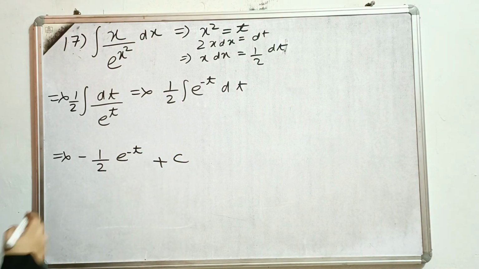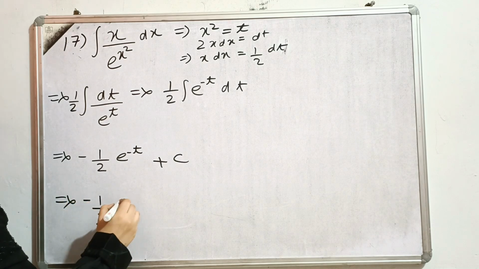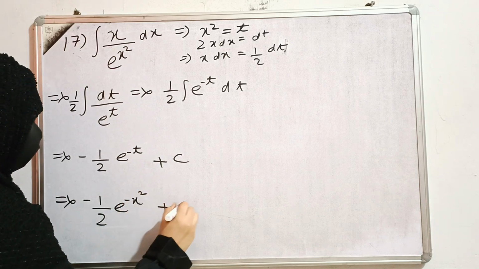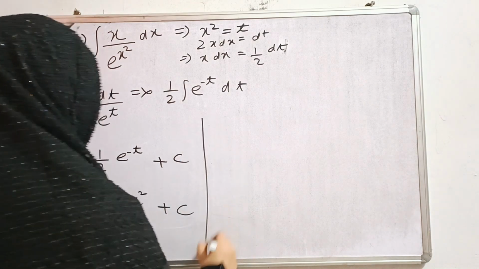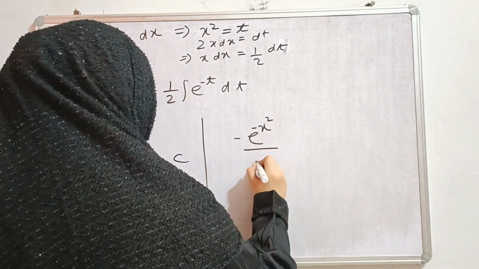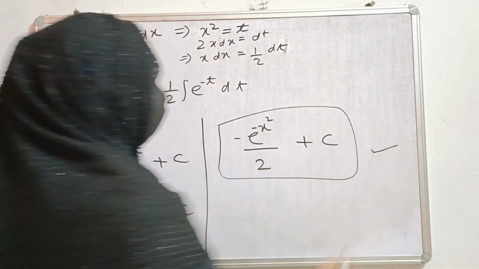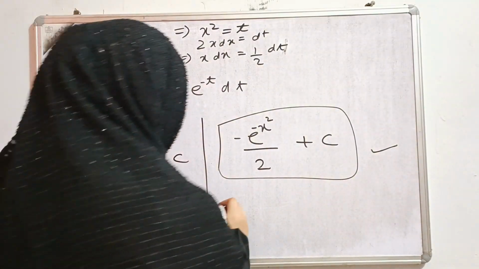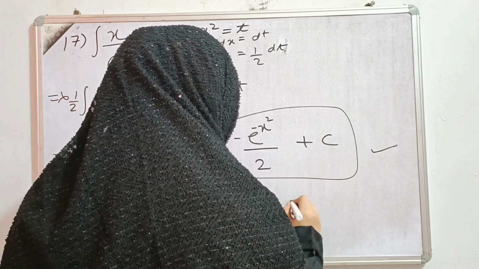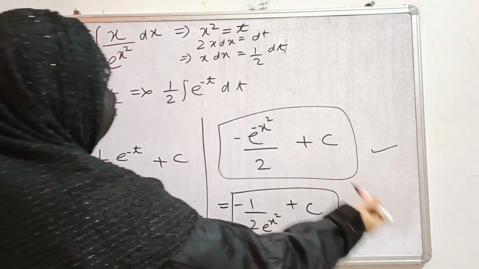Now substituting the value of t, which is x square, the final answer is minus e to the power minus x square upon 2 plus c. This is our final answer. Or we can write as minus 1 upon 2 e power minus x square plus c. Both answers are correct.